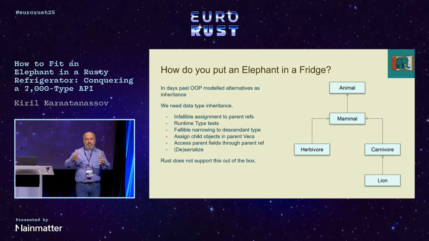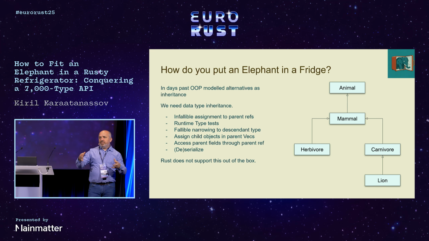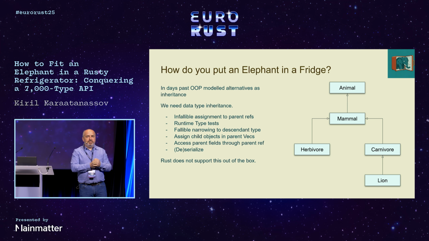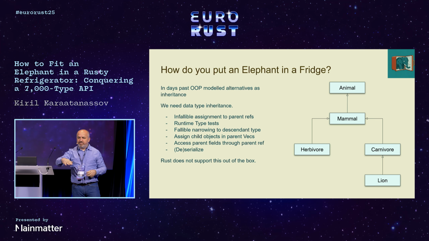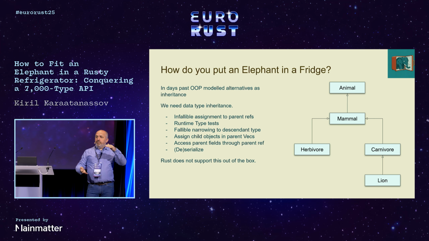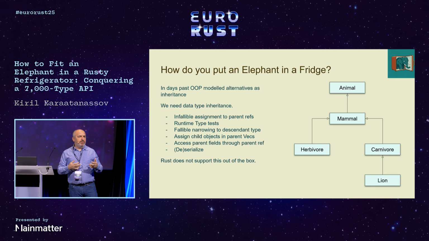So say we get a reference to an animal, maybe from a container, and we want to be able to test what type of animal that is. We want to be able to also, in a fallible way, cast, so downcast, from animal down to the lion. We want to be able to say, hey, convert this animal to a lion, and it should return maybe an option, so whether it's successful or not.